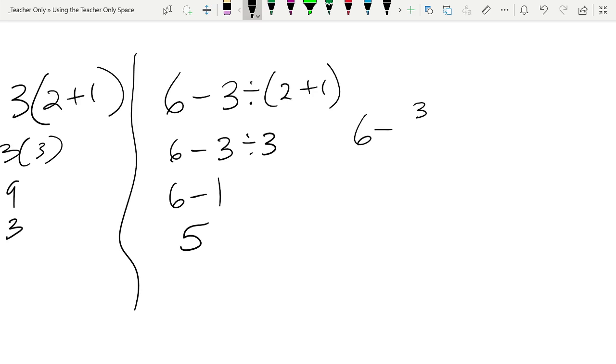Let me see, have I got this going right? Yeah, they do the subtract first because they think of it like this.